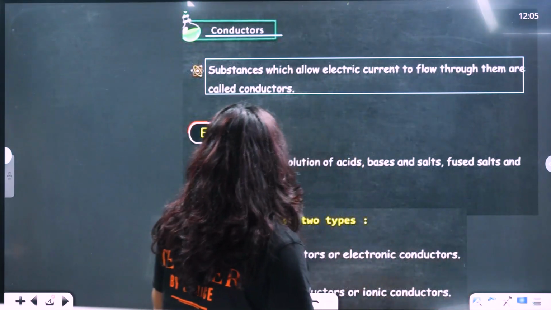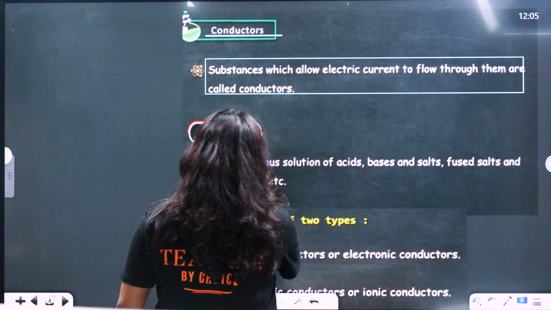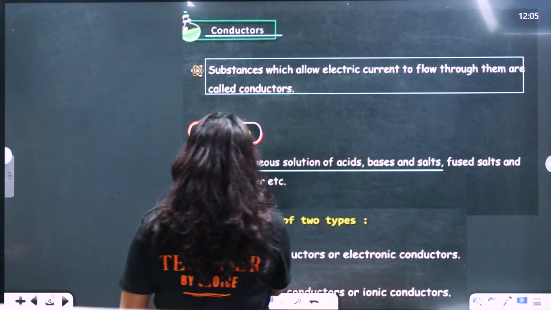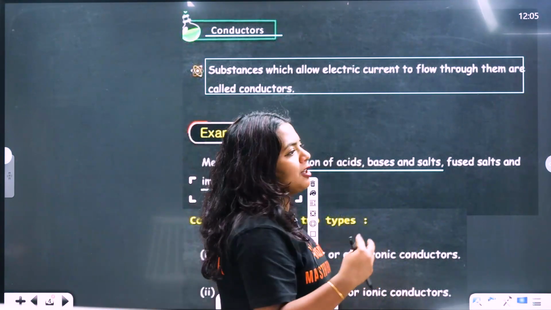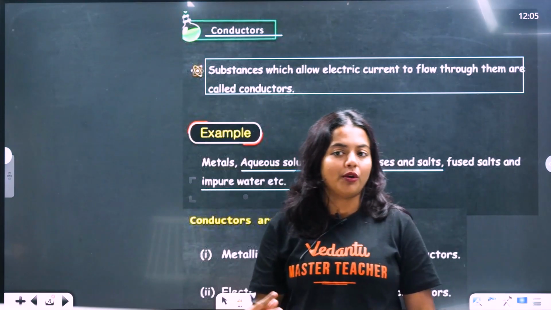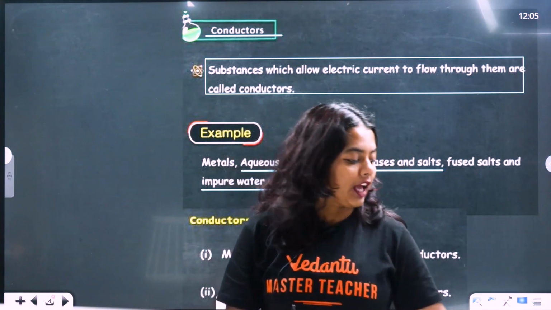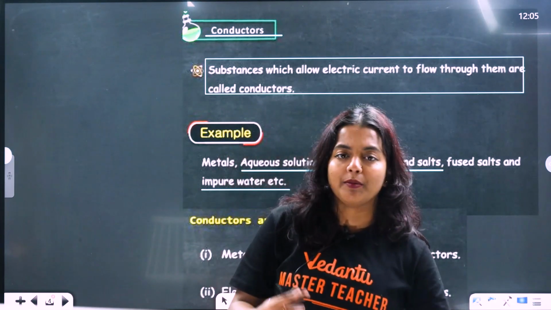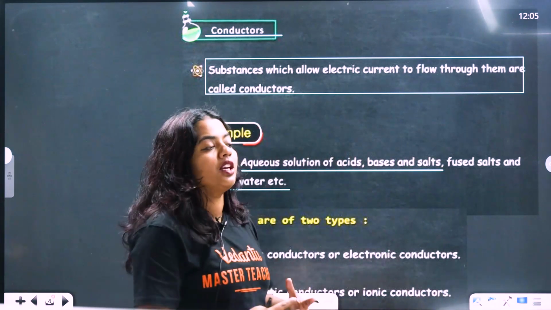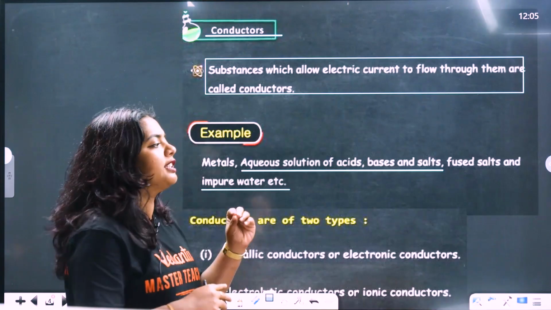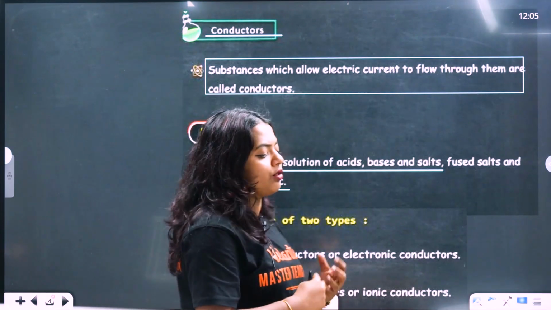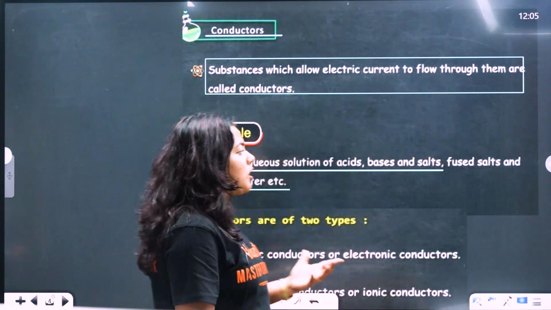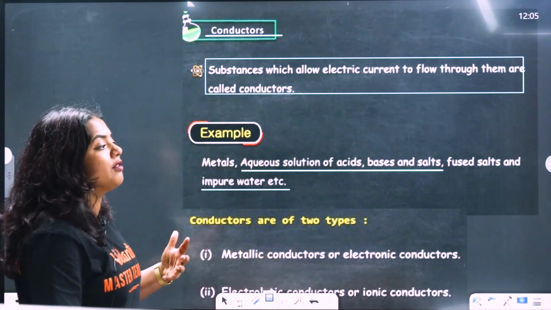Examples: NaCl, aqueous solutions of acids, bases and salts, fused salt, impure water. Basically, to conduct electricity we need ions, there should be mobility of the ions. So all solutions and all metals having free ions or free electrons will conduct electricity. Examples are salt, fused or molten salt, impure water, not solid pure salt.